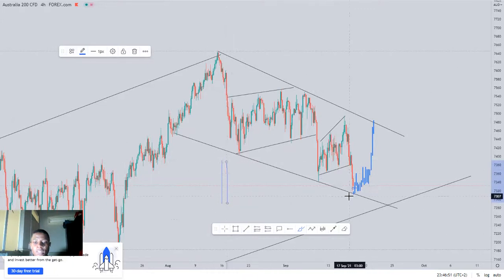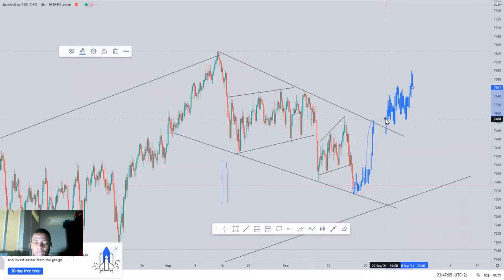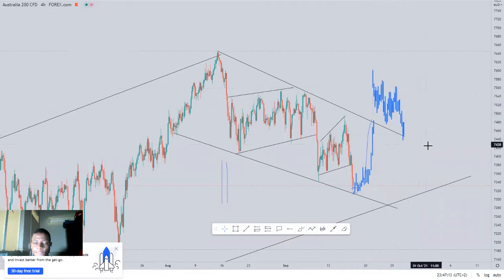Then on its own this will be an impulse move, then the correction. I'll flip it. The correction will be to the downside, sorry.